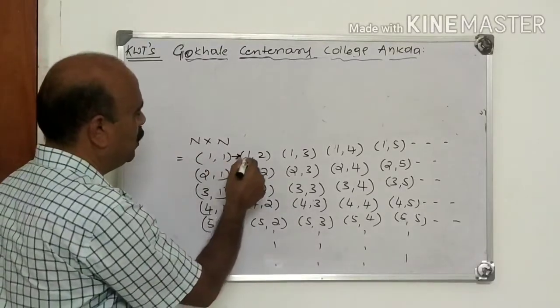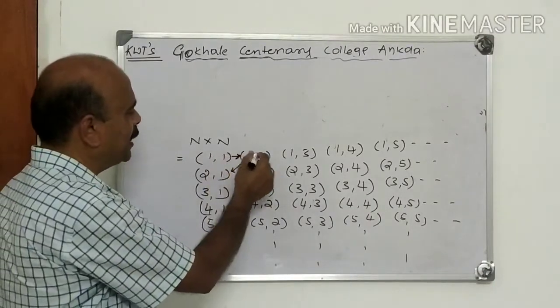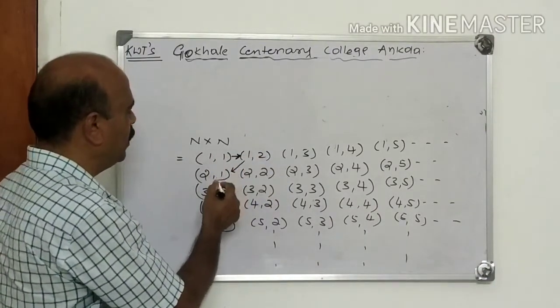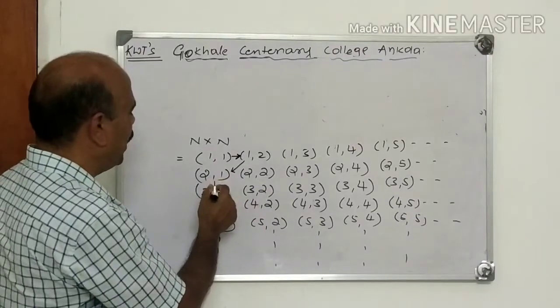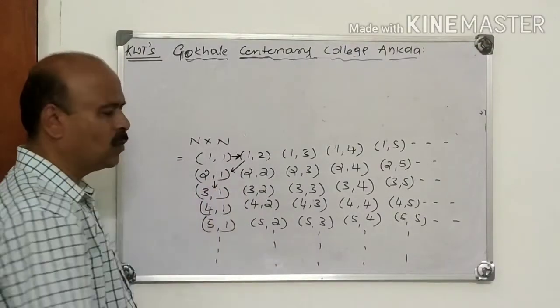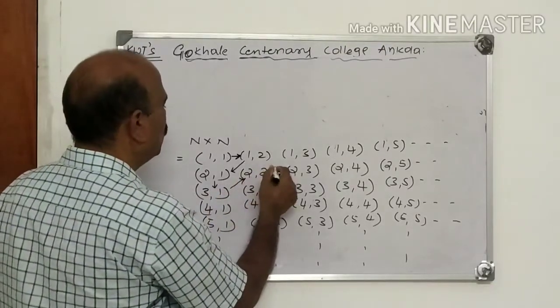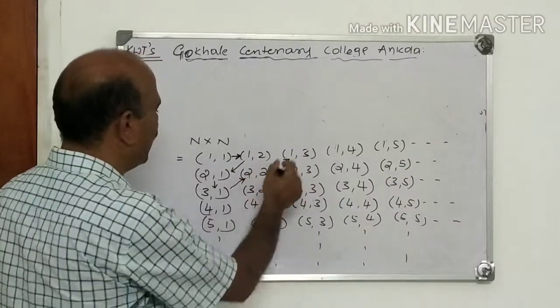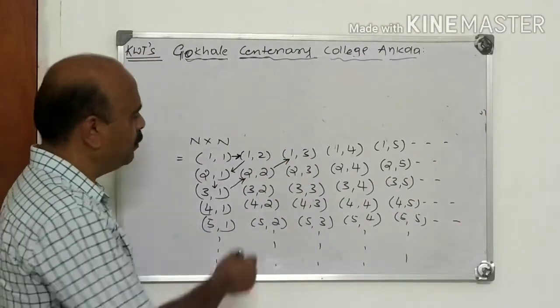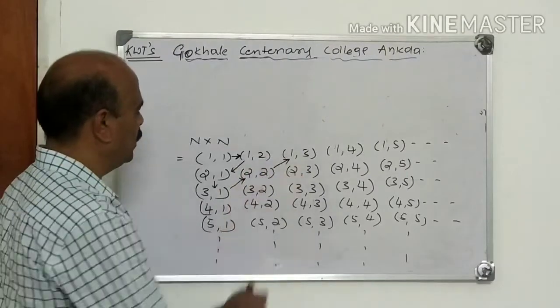I show this order of the elements with the arrow mark. (1,1). Next I take (1,2). Next to (2,1). Next after (2,1) I go downward to (3,1) because the sum of the coordinates is 4. (3,1), (2,2), (1,3). All these three are ordered pairs having sum 4.